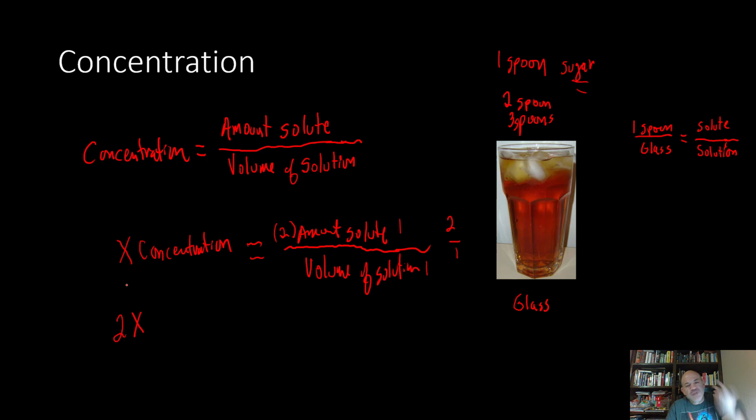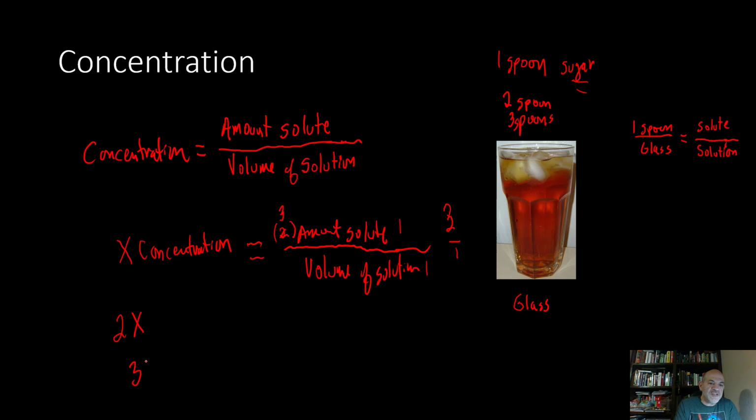Okay? Let's try that again. What if I were to triple the solute? We would not put a 2 here, we would put a 3 here. The bottom still stays 1, and we don't know what the real concentration is. Since we don't know, let's put a 1 on the top and 1 on the bottom, and then let's do a little bit of quick mental calculation. If I triple the top, that triples the top here. The bottom is still 1.